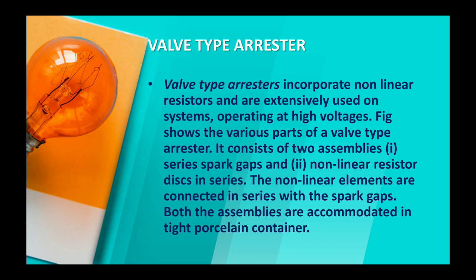Number one is the series spark gaps, and number two is the non-linear resistor discs in series. The non-linear elements are connected in series with the spark gaps. Both assemblies are accommodated in a tight porcelain container, and this porcelain acts as an insulating medium.